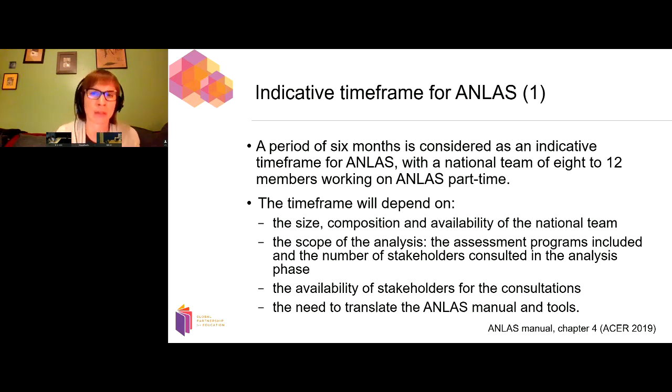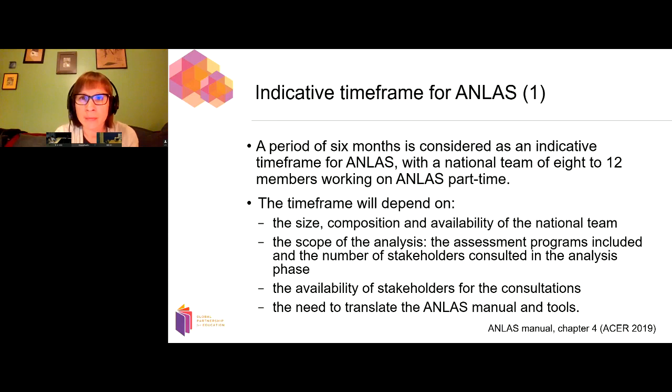For example, your time frame will depend on the size, composition, and availability of the national team, the scope of the analysis, so the number and kind of assessment programs included, the number of stakeholders consulted and their availability for the consultations, and perhaps also the need to translate the ANLAS manuals and tools.